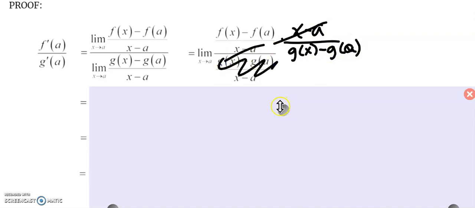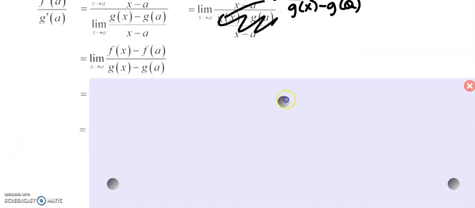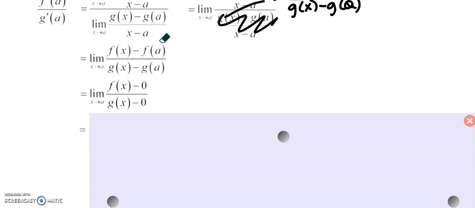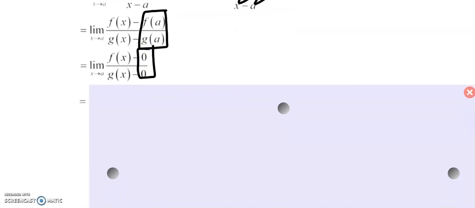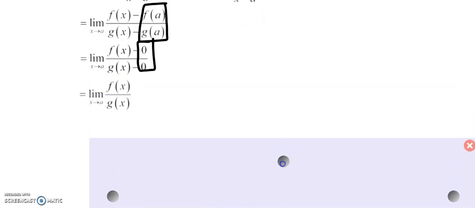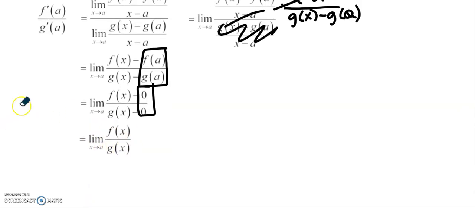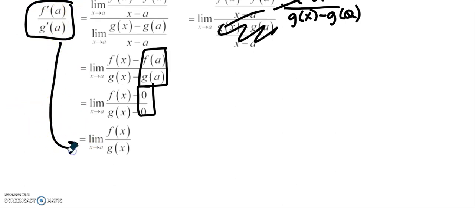So our x minus a's cancel out. So that's where I am at this line. But then we said this only works if our limit was going to 0 over 0, which it does, right? The limit as x goes to a of f of a over g of a, we're going to end up with 0 over 0. So we get right back to our limit as x goes to a of f of x over g of x. So this whole thing, these are going to be equal.